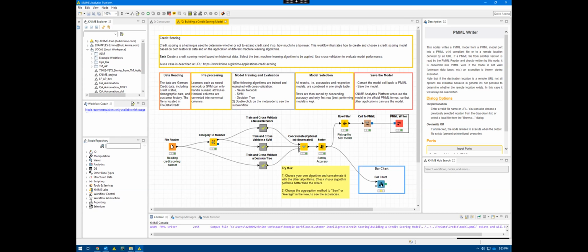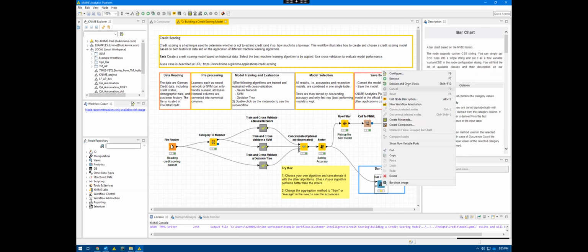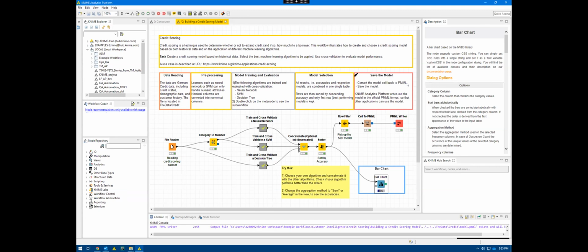And here we can see the graphical output of what it produced for the 3 models that were part of this particular use case.